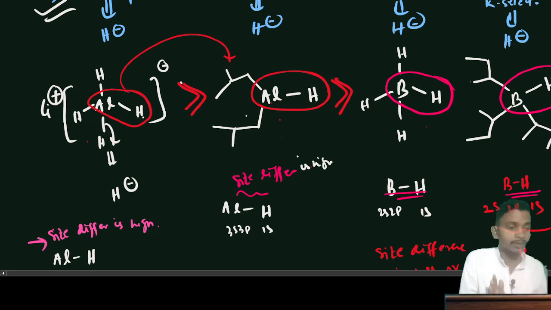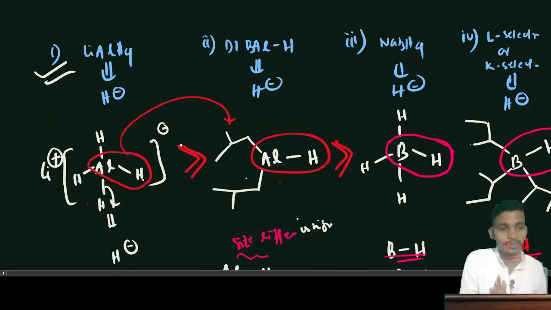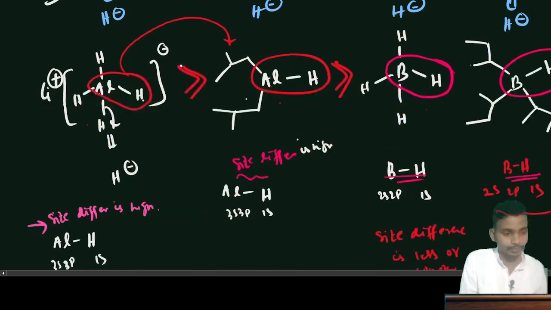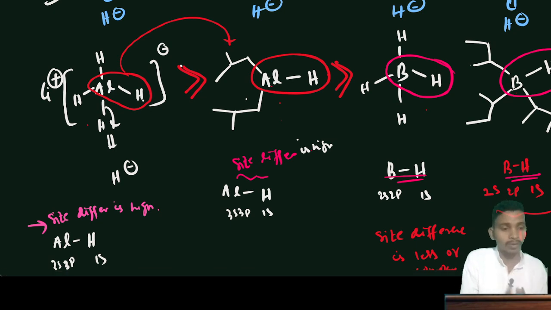Now another concept is used here, that is the HSAB principle, hard soft acid base, that is whether it is a soft reagent or a hard reagent, whether it is a soft nucleophile or a hard nucleophile, or soft electrophile or hard electrophile.